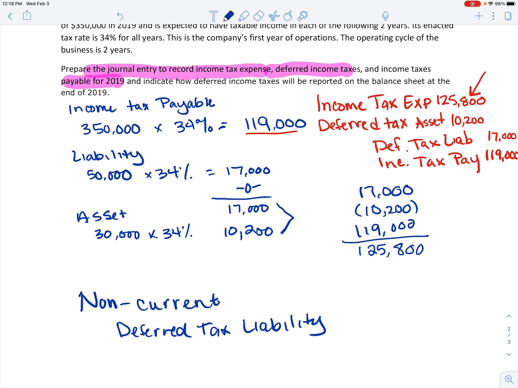And these are going to offset. So I'll just add up these two numbers to get to the $6,800 difference. And that's the amount that I would show in my balance sheet.